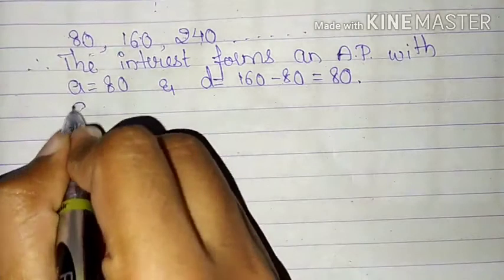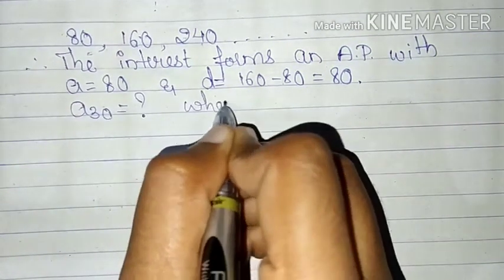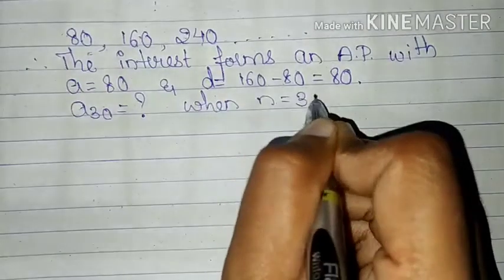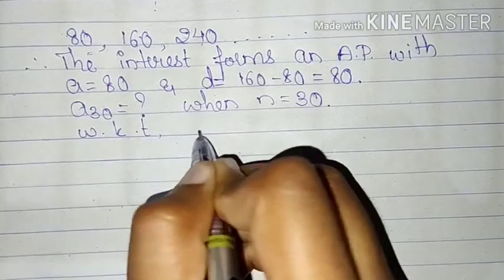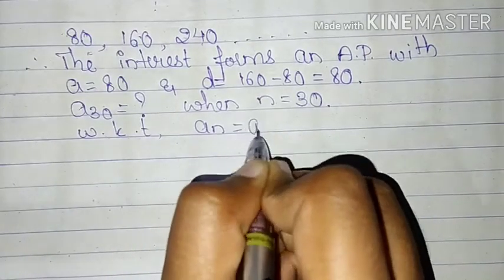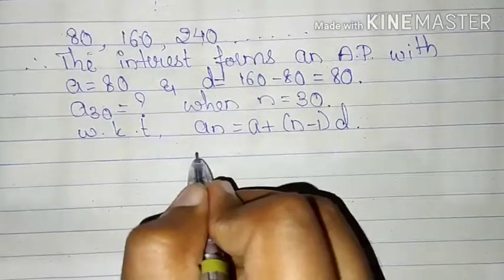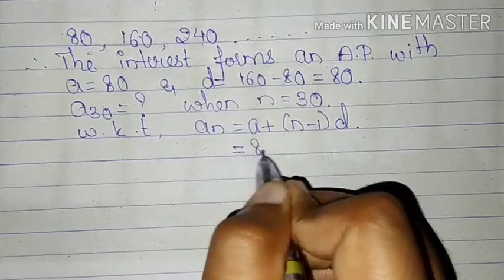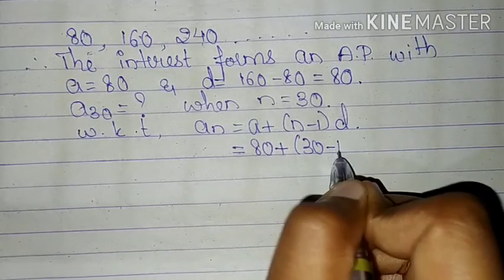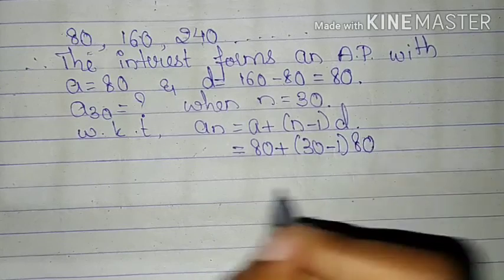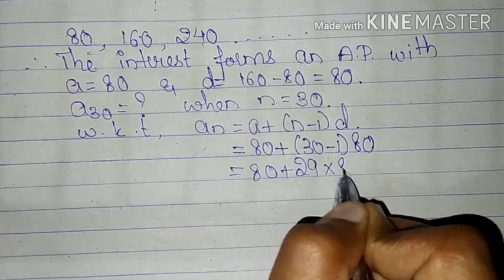That is, A30 is equal to how much when N is equal to 30, end of 30th year. So we know that AN is equal to A plus N minus 1 into D. AN is, we don't know AN, we have to calculate it. A is 80 plus N is 30 minus 1 into 80. So 80 plus 29 into 80.